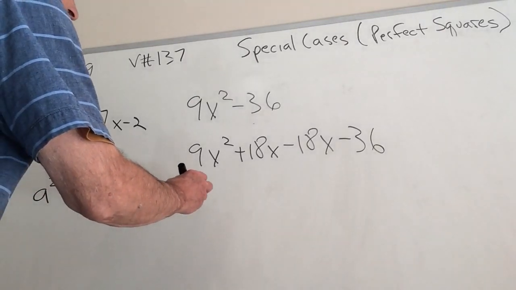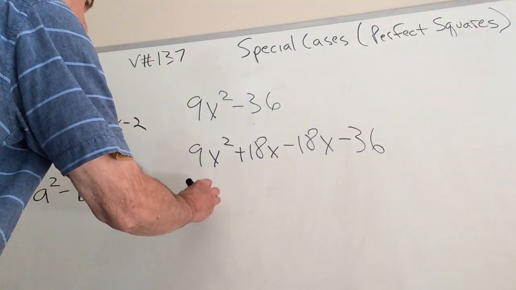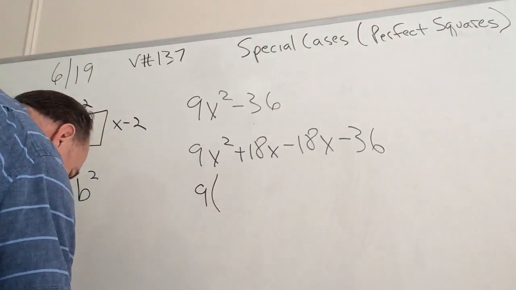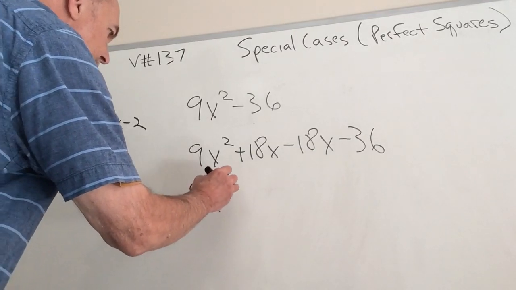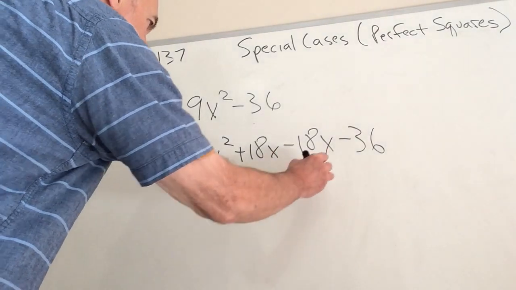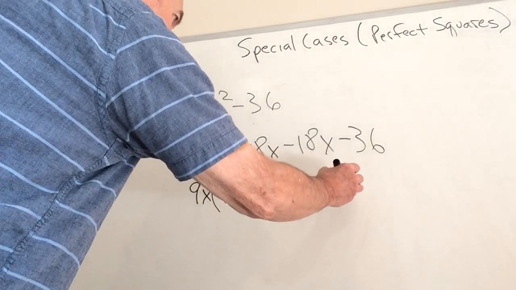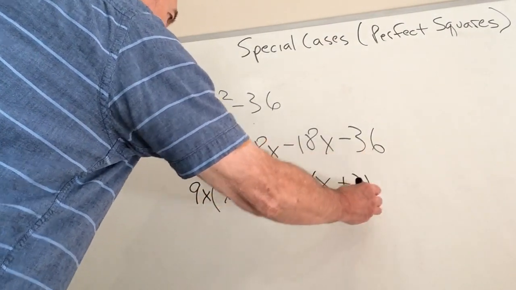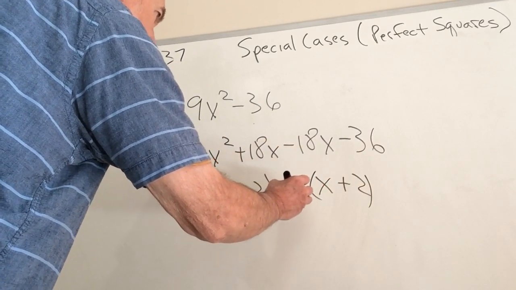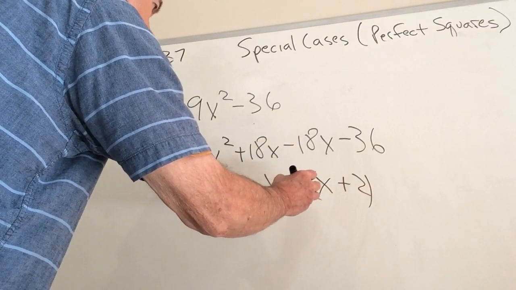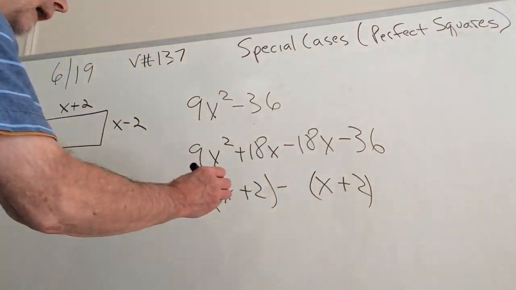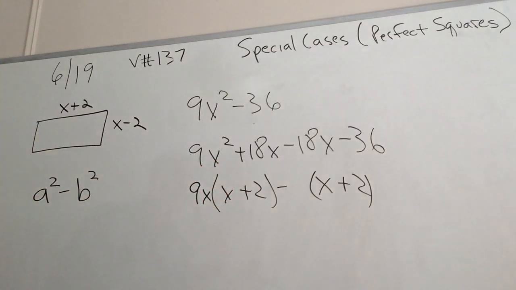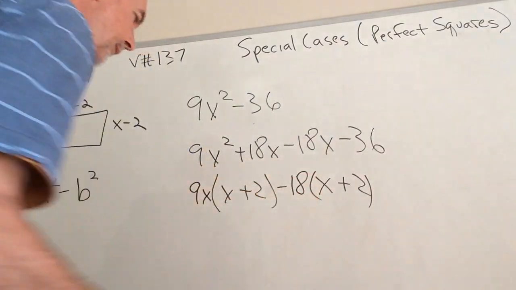And what factors out here? The 9x, excuse me. Okay, the 9x, and then you get x plus 2, and you write it again, x plus 2, and what works over here, the negative, let's see here, there's 9 plus 2, and let's see, the 18, there it is, okay?